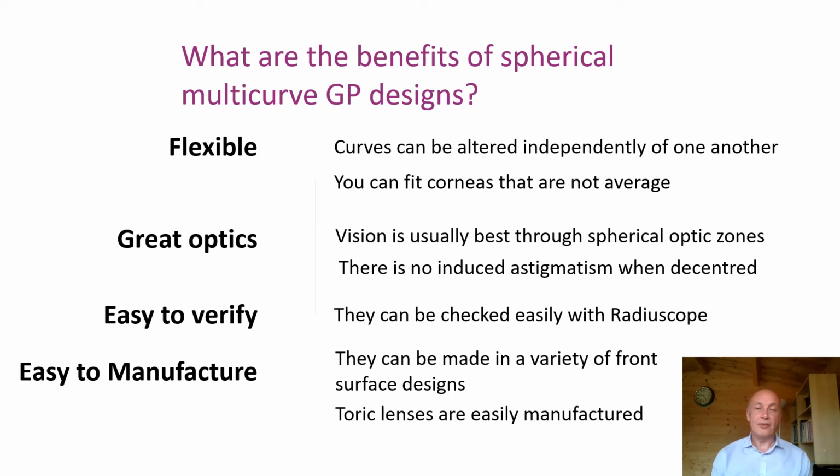Because the optics are based on a spherical optic zone, we get very good vision and there's no induced prism when the lenses are fitted. We can check the back optic zone radius with a radiuscope. So for those practices that have one of these instruments, we're able to verify that the lenses are correct. The lenses, from our point of view, are very easy to manufacture. We can make them in a wide variety of designs, including back surface toric, front surface toric, and bitoric.